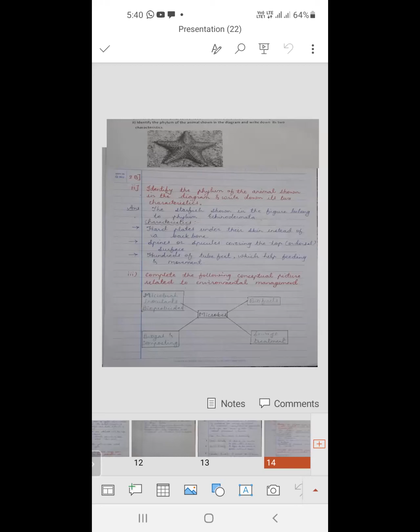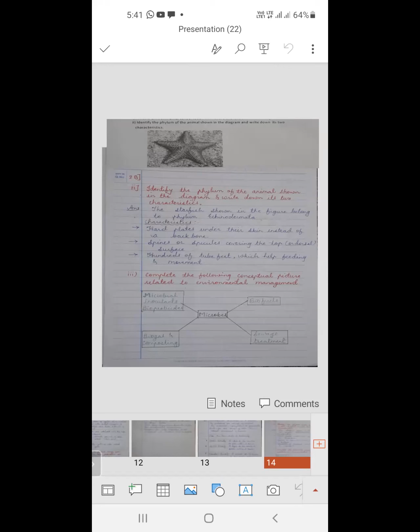Okay, so the third question is: complete the following conceptual picture related to environment management. This picture is given with only microbes shown. 4 boxes are given. You have to complete that conceptual picture.